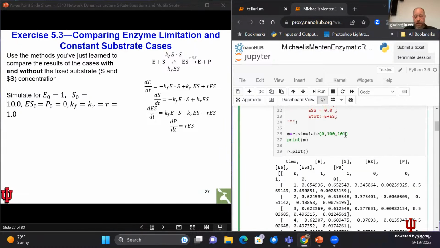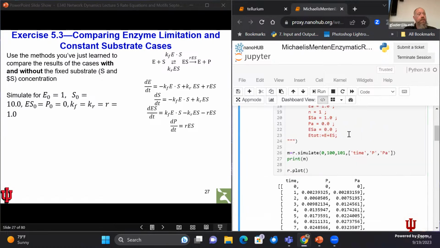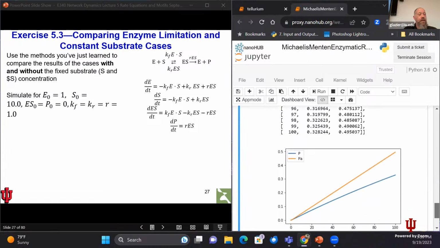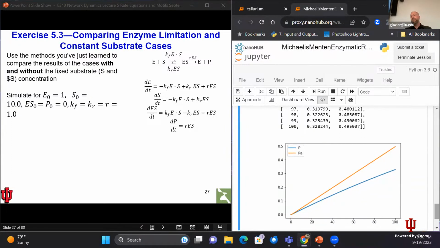So I'm going to have it output time, P, and PA. And now I can see the difference between the two.